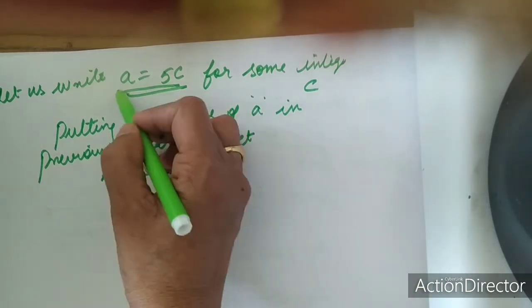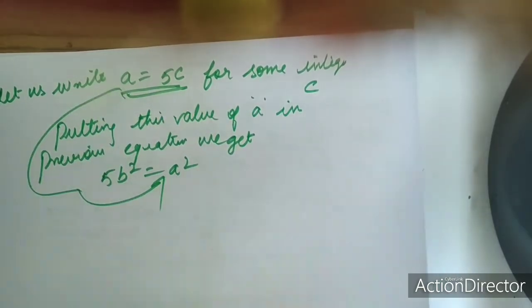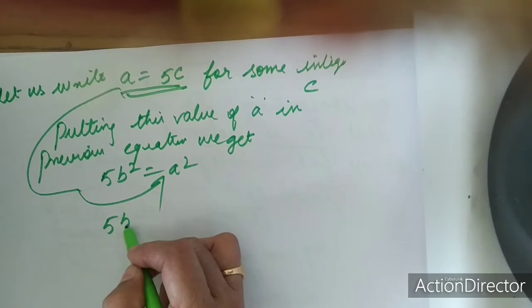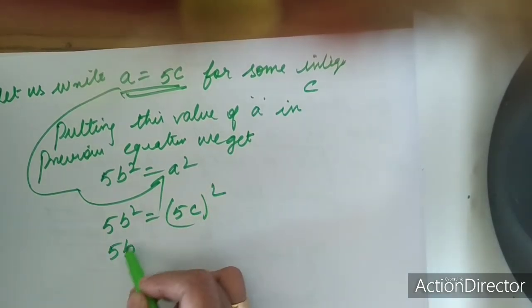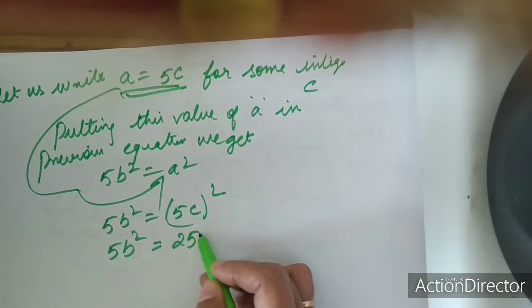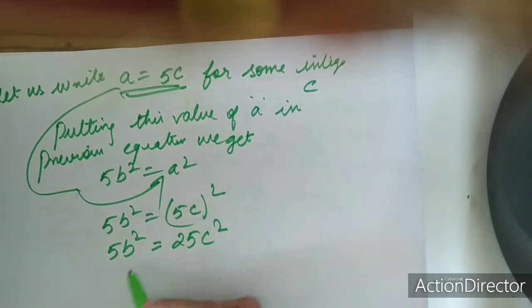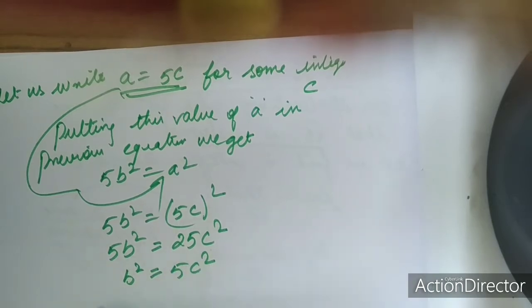So in this equation I am going to put the value of A. So 5B square is equal to 5C whole square. So 5B square is equal to 25C square. So I can cut both these 5's. So B square is equal to 5C square.